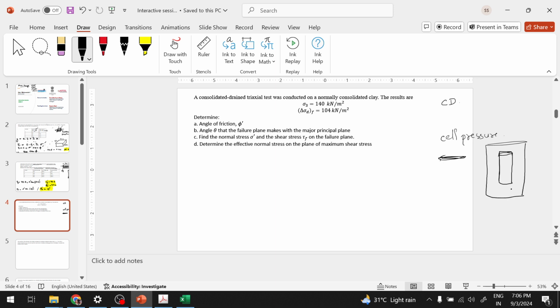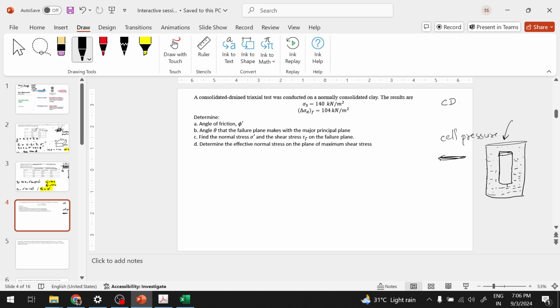So the first thing I will do is saturate the sample. I will put cell pressure here, not to saturate the sample. The sample is already saturated using back pressure.